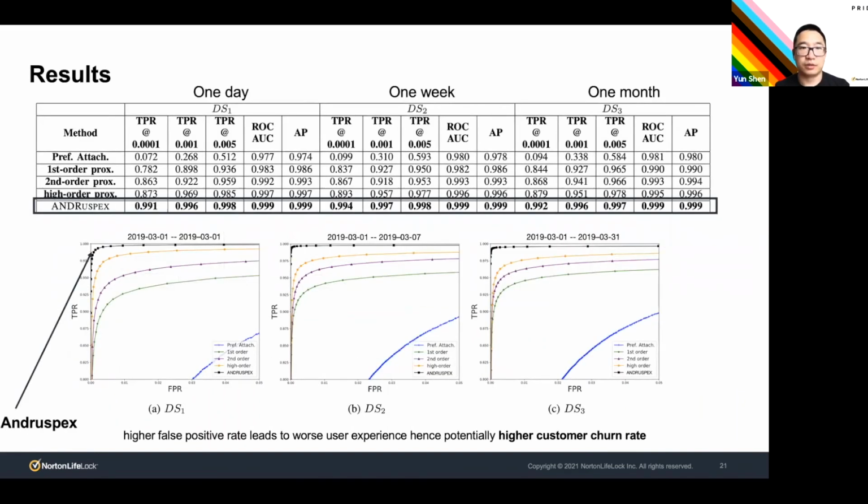So the precision is pretty good. Our system is able to achieve high accuracy given different levels of false positive rate. There's one key thing to observe: a high false positive rate leads to a worse experience because you generate too many false positives for the end users and potentially lead to a high customer churn rate.